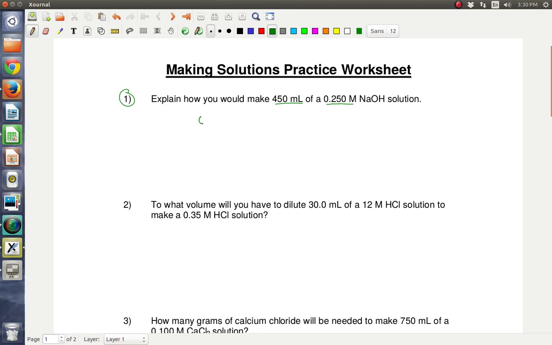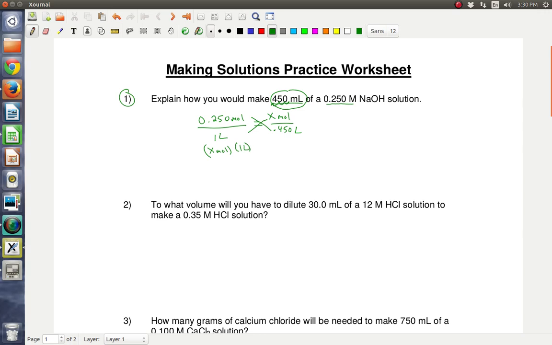So we take what we want, 0.250 moles per liter of sodium hydroxide. It's going to equal how many moles of sodium hydroxide in this much, which we have to turn again into liters. So 450 divided by 1,000, so it's 0.450 liters. All right, cross multiply and solve for the number of moles.